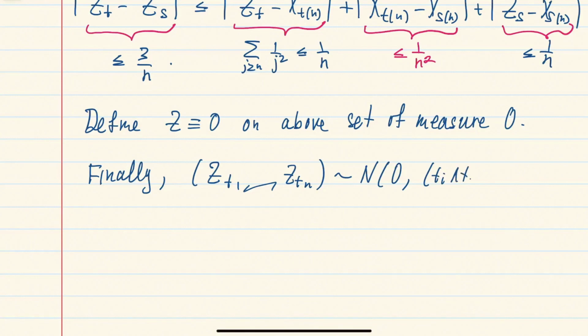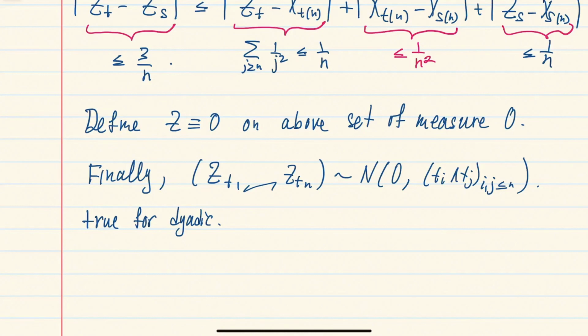That with this covariance of the Brownian motion, right? And this holds because this is true for dyadic times, simply because it agrees with the process x. And then for other t, you just apply continuity, right? The process x converges to the process z, so the distribution of the process x converges, by continuity, or almost sure convergence, to the distribution of z.